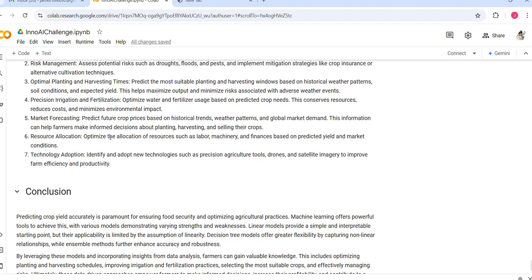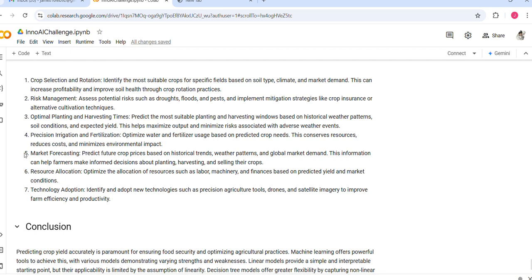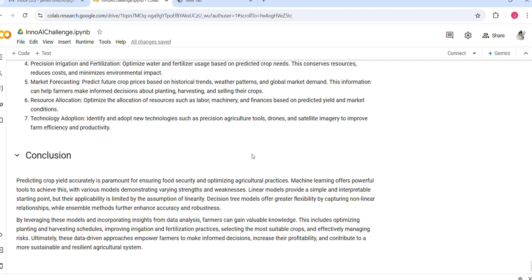There are a lot of factors beyond that which farmers have to consider. Then the farmers can use our model for even better prediction.